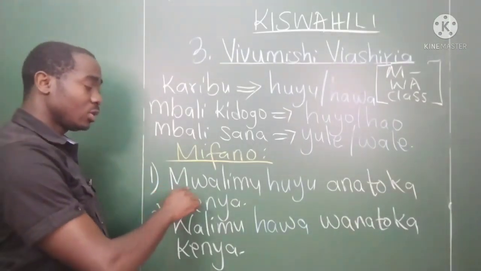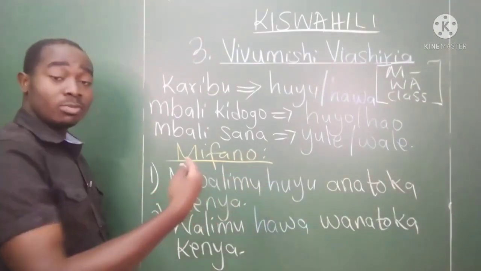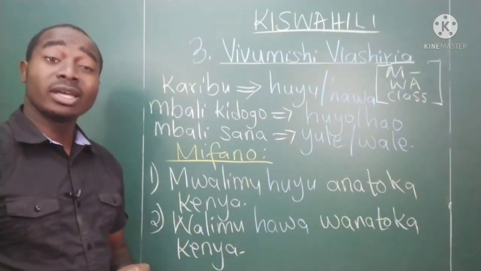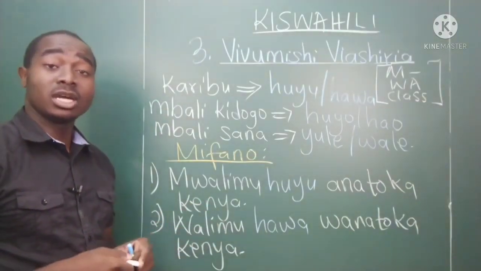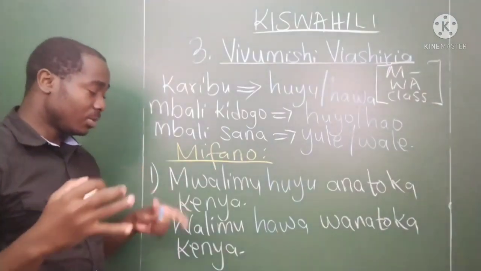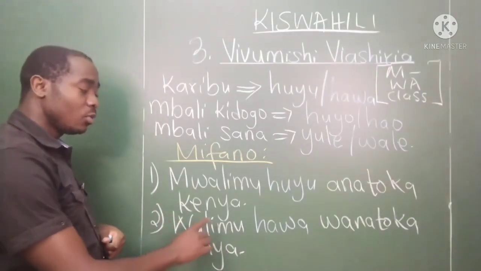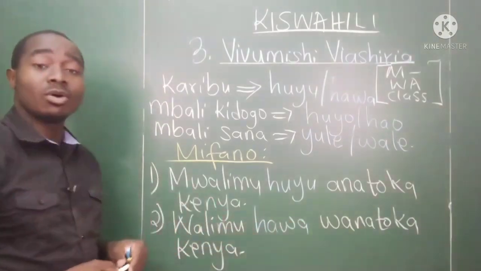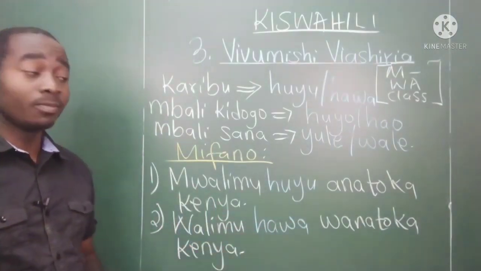But when I start with mwalimu and I say huyu, then it becomes an adjective. Mwalimu huyu anatoka Kenya. If there are many teachers, walimu hawa wanatoka Kenya.